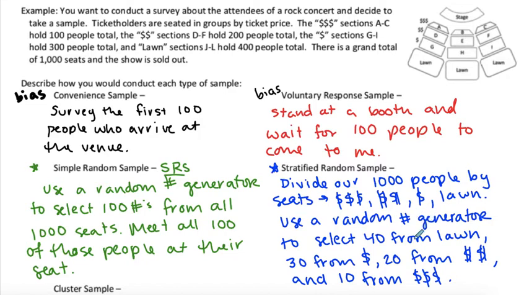This will still generate my 100 people, but it guarantees that I have some from each of these categories. We're saying there is a known difference in each of these tickets, and we want to make sure that they're all represented.